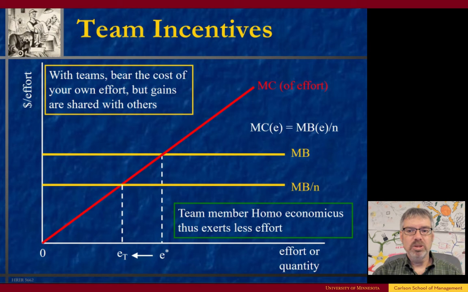Again, it doesn't have to be divided by n, but as long as there's some expectation or some nervousness that my teammates aren't going to work as hard as I am, then I'm not going to get the full benefit of my own effort, and so Homo economicus would be predicted to work not as hard as they would when they have an individual-based incentive.